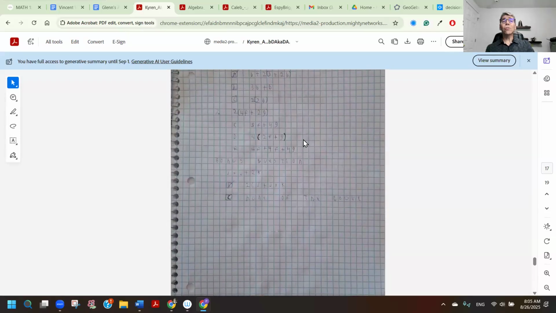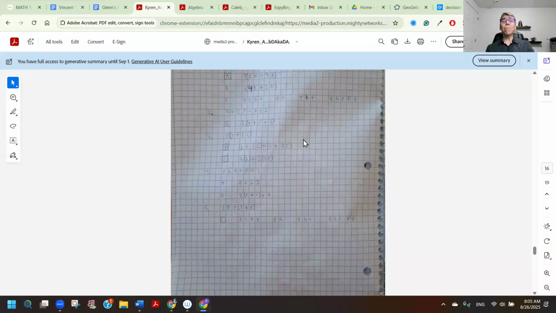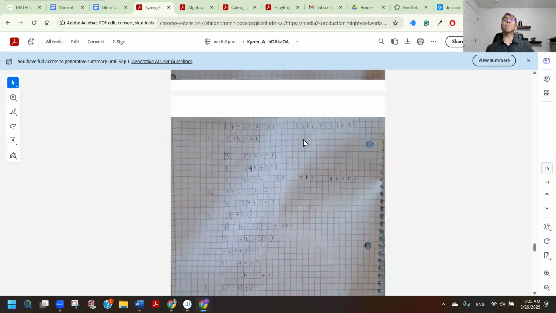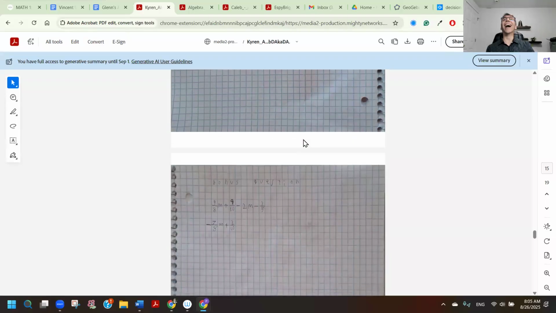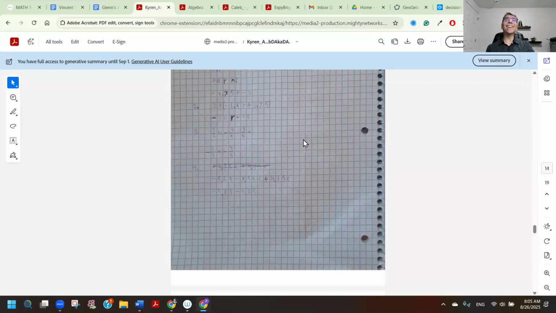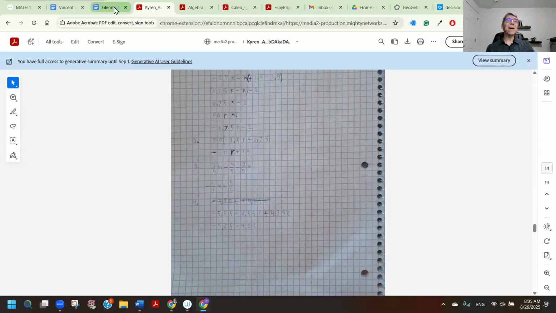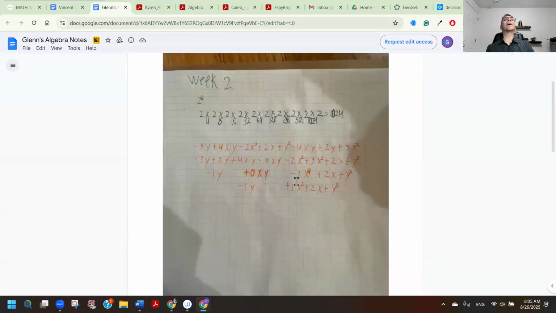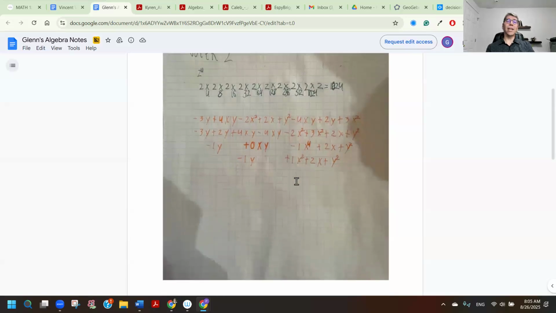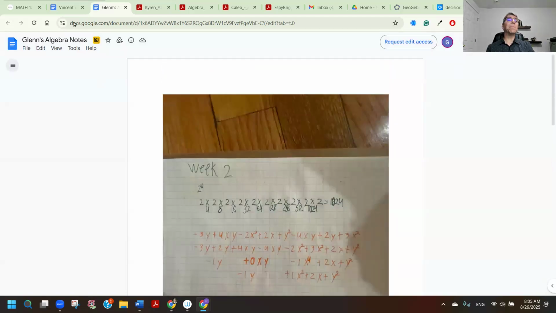Kyron, good notes. I just recommend that you use the pages a little bit more efficiently, because if not, you are going to end up with 30 notebooks for the school year. Okay, but very nice. And then Glenn, I don't see Glenn here, but these are kind of minimal notes.